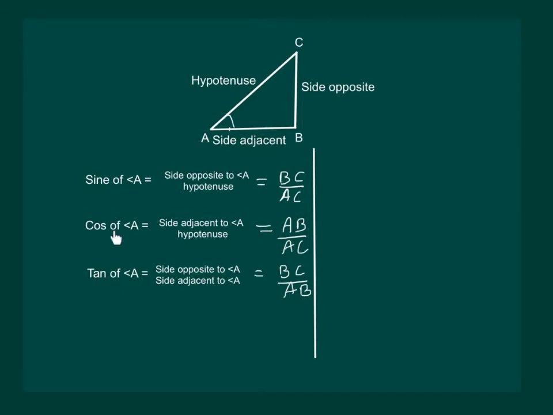Corresponding to these three ratios, we have the reciprocal ratios with different names. Reciprocal of sine of angle A is cosecant of angle A, so it can be written as 1 by sine of angle A. So this will be hypotenuse by side opposite to angle A, that is AC by BC.